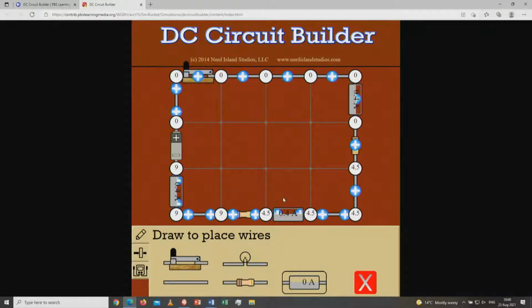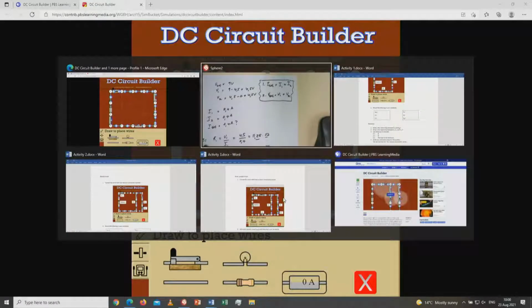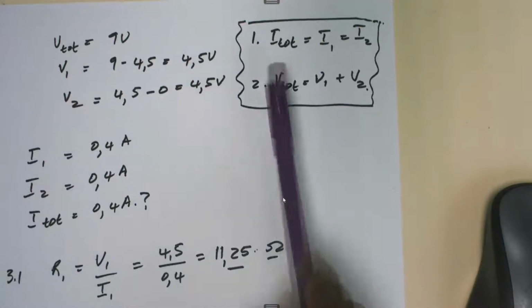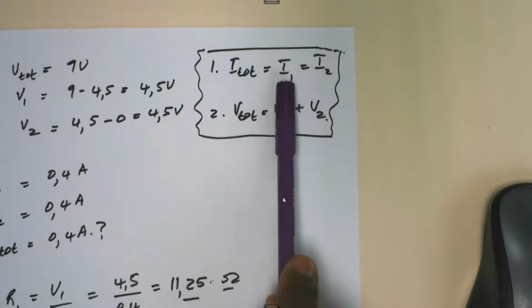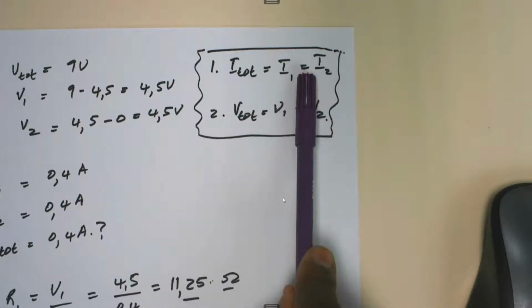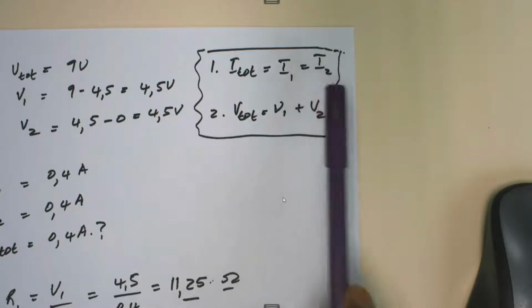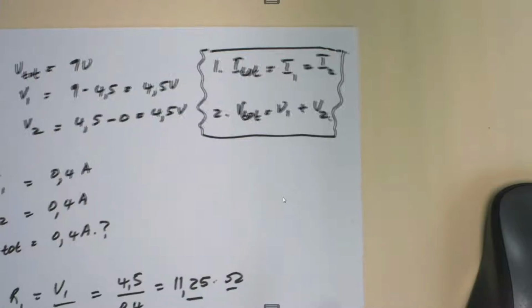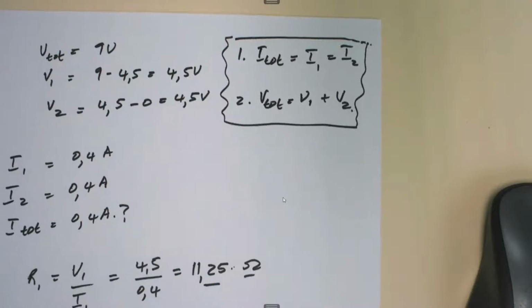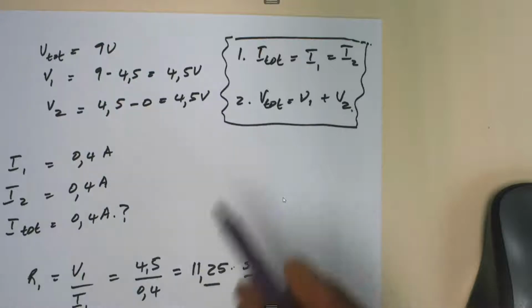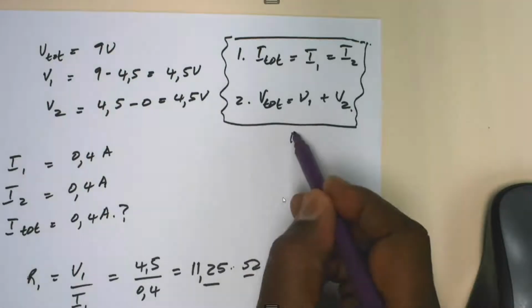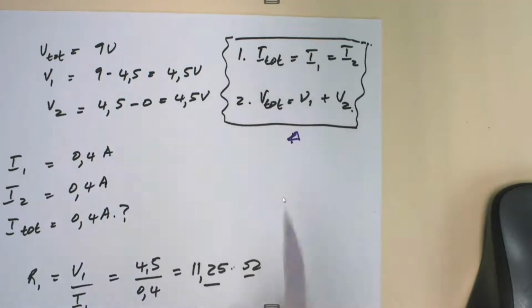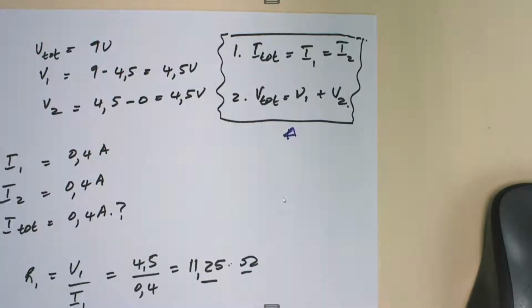So the total current is equal to the current through resistor R1, which is equal to the current through resistor R2, which is equal to the current that passes through R3 if these are connected in series. This is, I think, an important point that we need to note from these readings, and it is one of the conclusions.